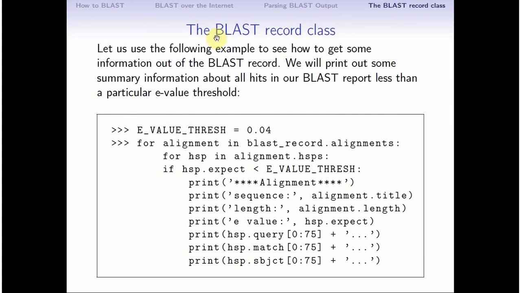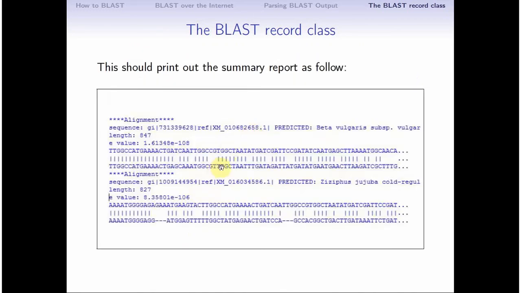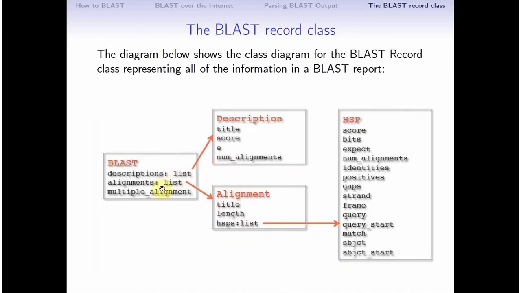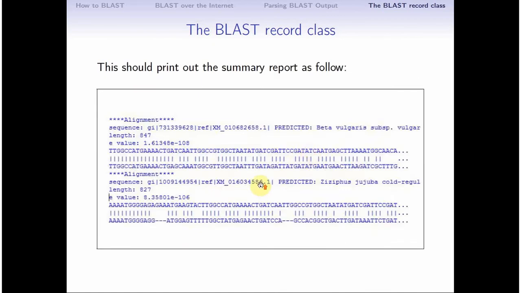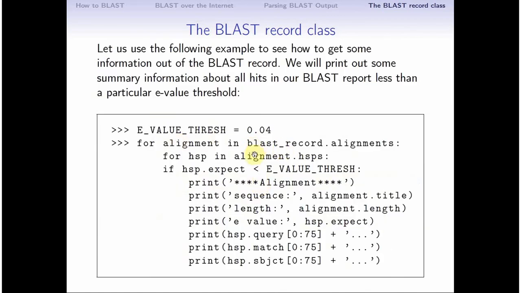I set the E value threshold at 0.04. Anything less than 0.04, I will print out. So in blast_record.alignments, you look through each alignment, and for each HSP in alignment.hsps, you look through. This is the first loop, and this is the second loop.